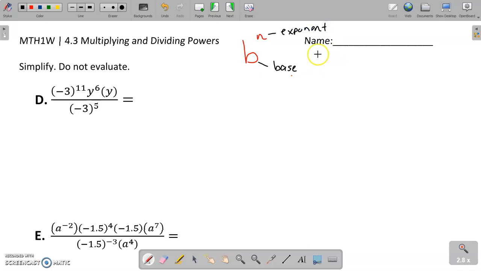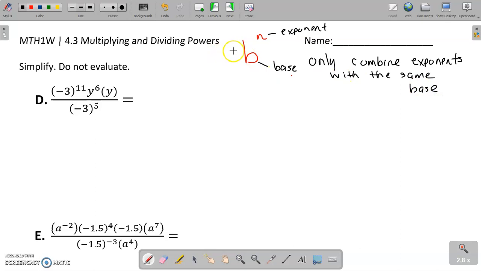And you can only combine exponents with the same base. Only combine exponents with the same base. So we'll do this through a few examples.